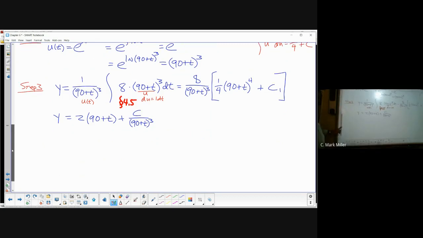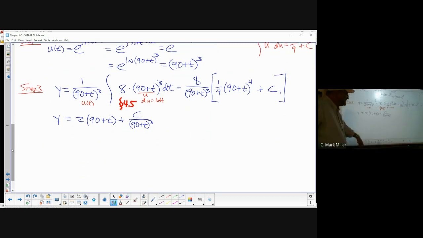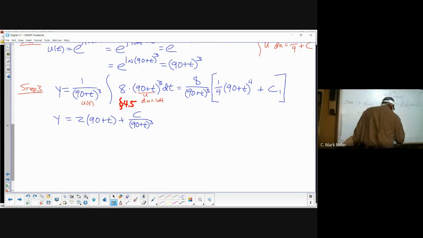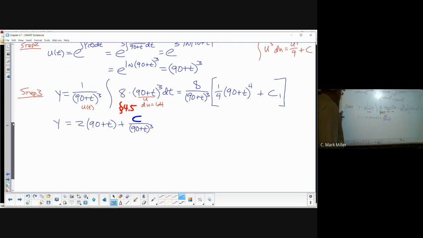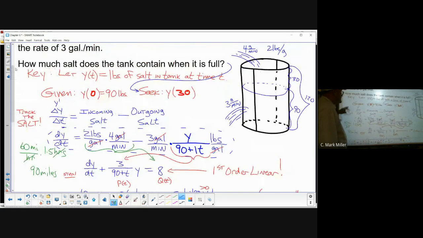So we have this solution to our differential equation, but we're not done. You see right here, we have this C. In order to answer our question, we have to solve for C. And in order to do that, you need something called an initial condition. But going back up to the top, this right here is our initial condition.